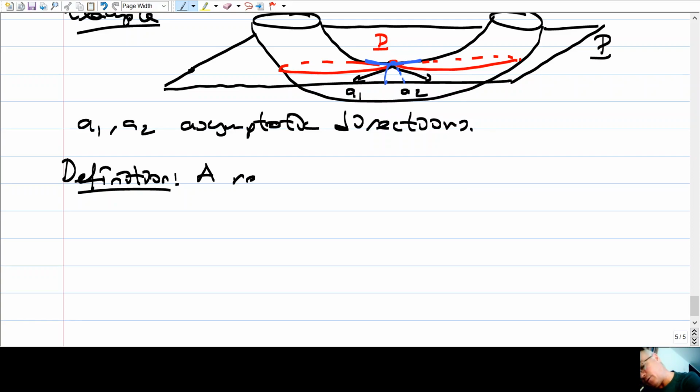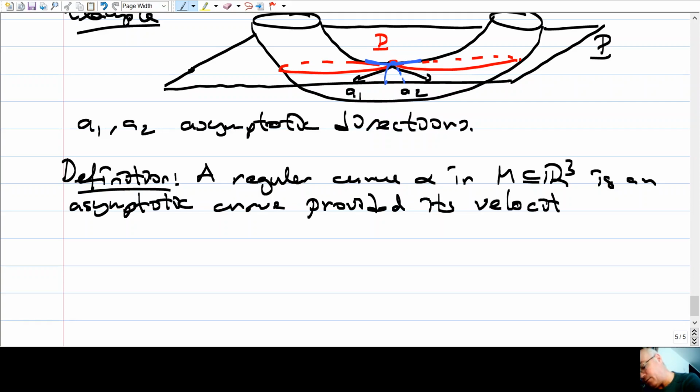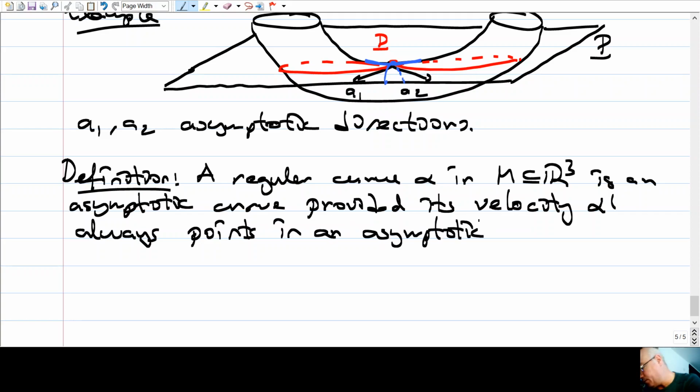So a regular curve alpha in M, which is a surface in R3, is an asymptotic curve provided its velocity alpha prime always points in an asymptotic direction.